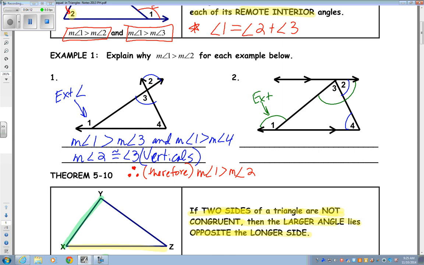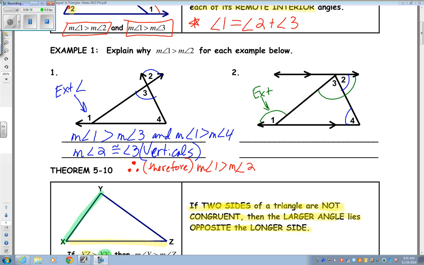Discuss it with your group right now. There's more than one way to get this. Who thinks they can put up on the board why angle 1 is greater than angle 2 for number 2, for some points? All right, Vincent, let's go.